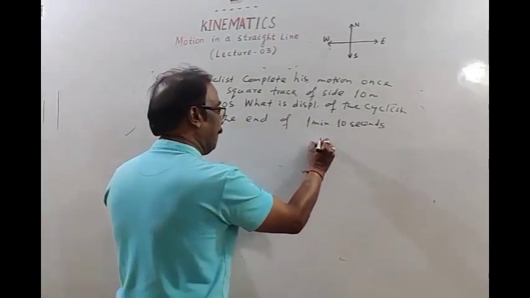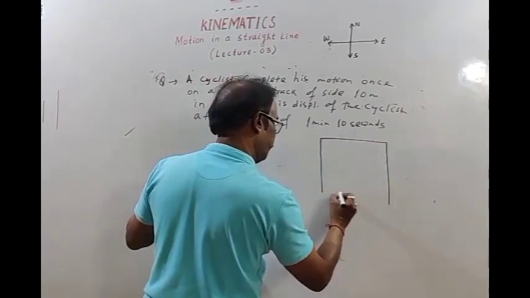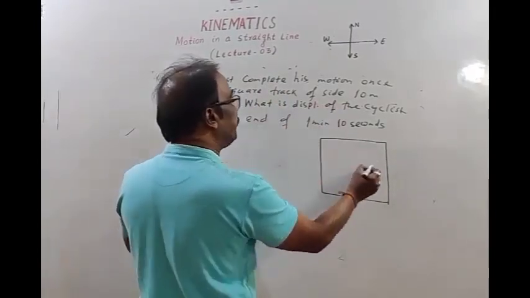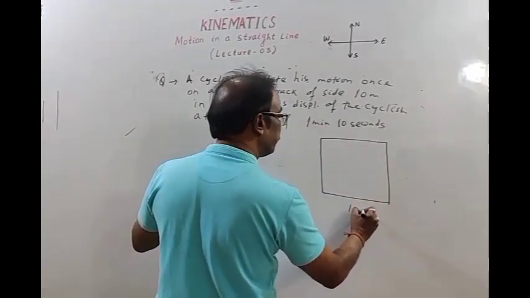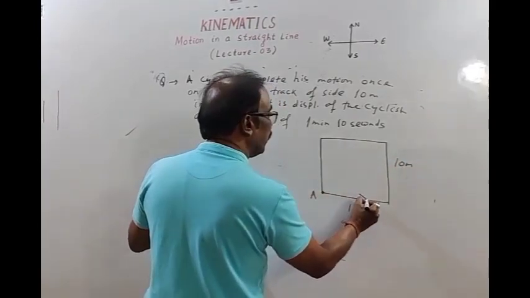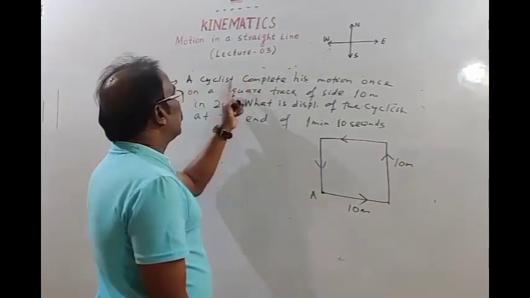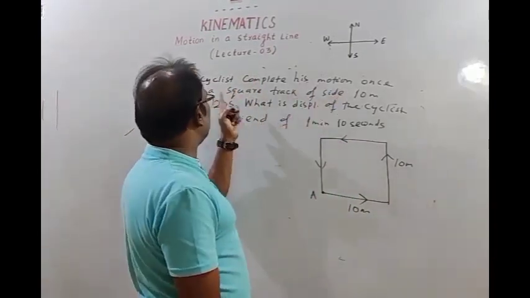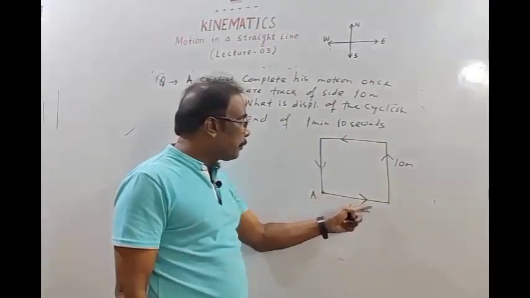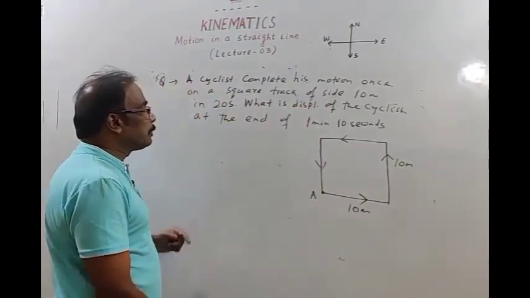See, the cyclist is moving on a square track. The side is 10 meter. So this is 10 meter. The side is 10 meter. Let the cyclist start from it and move on the square track. Completing his motion once on a square track of side 10 means he starts from it, again reaches it. The time taken by the cyclist is 20 seconds.